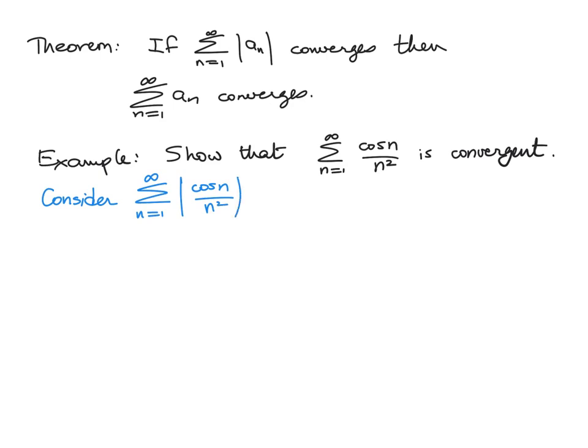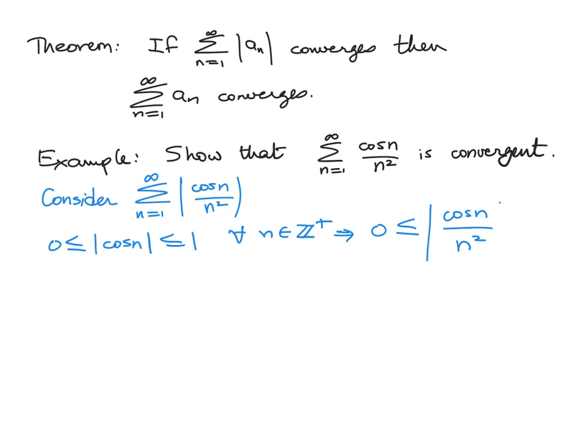Now, we know that 0 is less than or equal to the absolute value of cosine n, which is less than or equal to 1 for all n in the positive integers. Which also means that 0 is less than or equal to the absolute value of cosine n over n squared, which is less than or equal to 1 over n squared for all n in the positive integers.